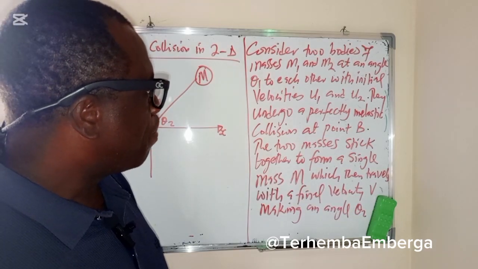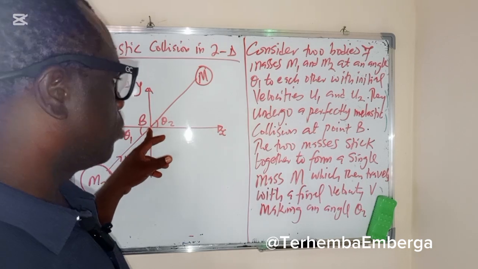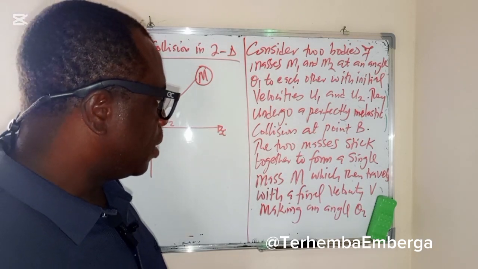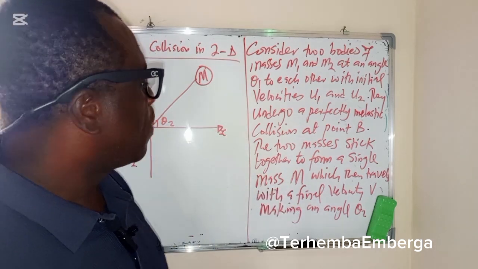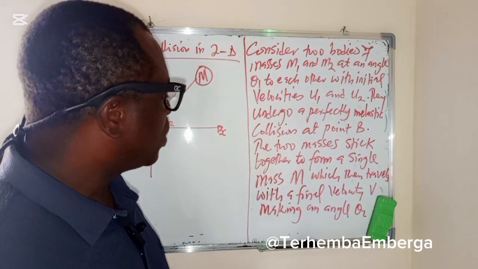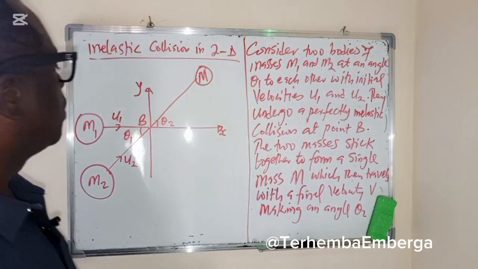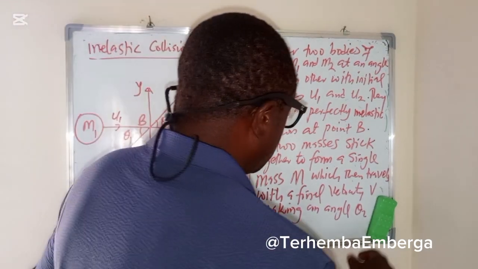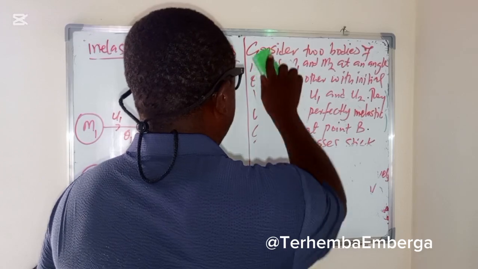They undergo a perfectly inelastic collision at a point B. The two masses stick together to form a single mass m, which then travels with a final velocity v, making an angle of θ2.